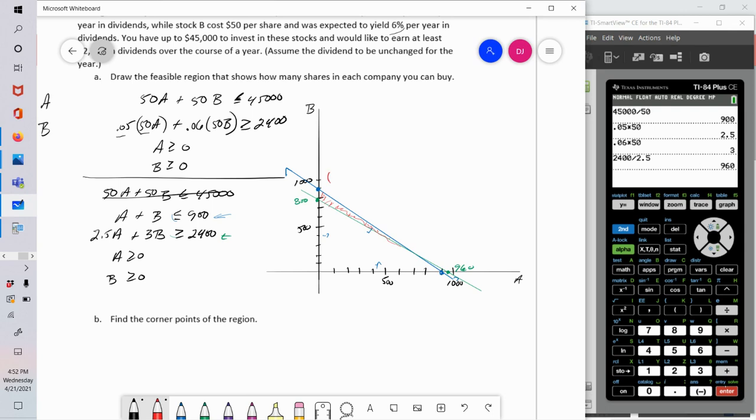This point we said is 0, 900, and this one here we had said was 0, 800. If I want to find this point, the other point of this feasible region, I'm going to need to find the point where the blue and the green lines intersect.